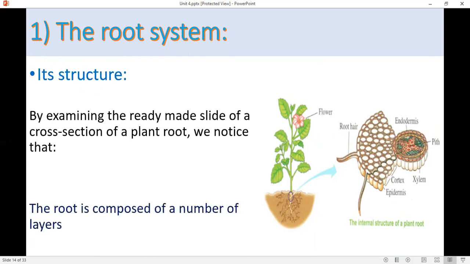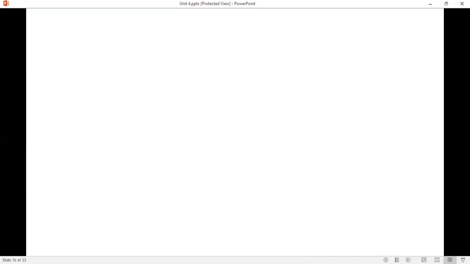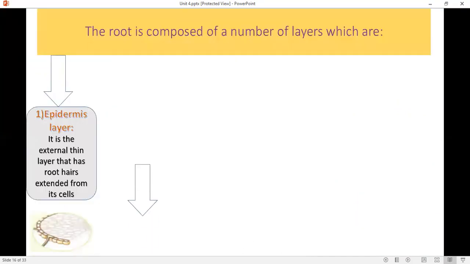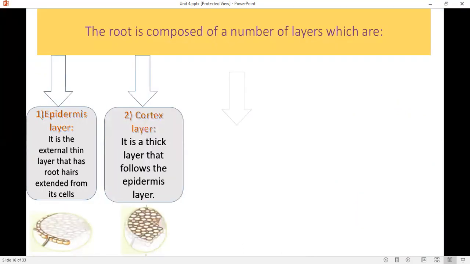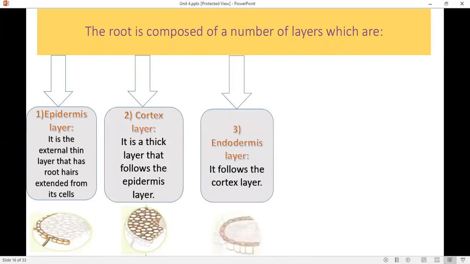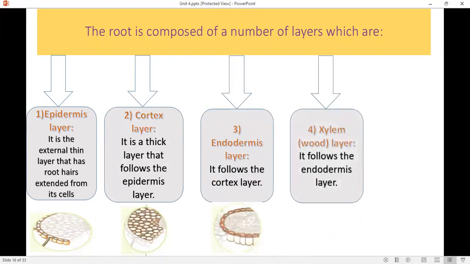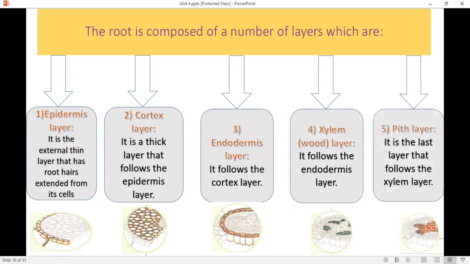So the structure is: epidermis, cortex, endodermis, xylem, I can say wood layer, and pith layer.